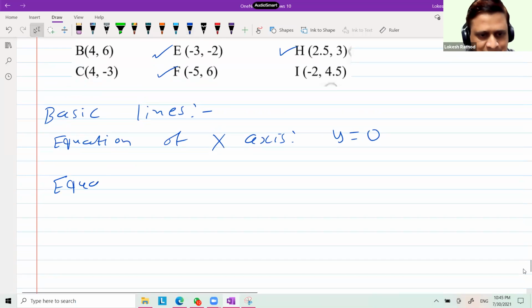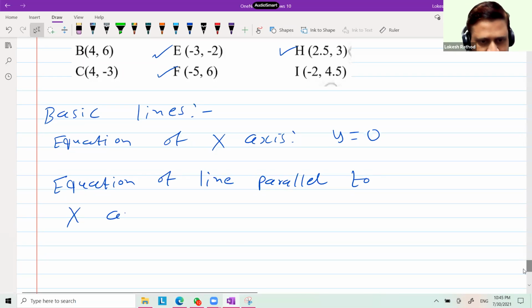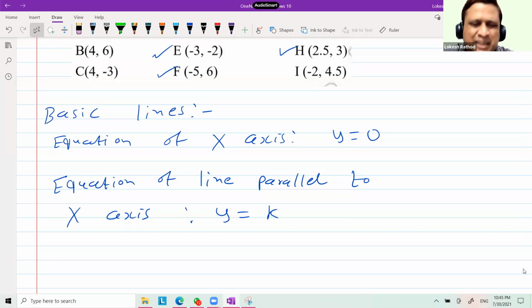Equation of a line parallel to the x-axis. What will be its equation? Any line parallel to the x-axis is y equal to some non-zero number, it can be any number.